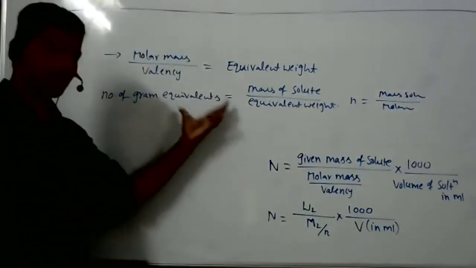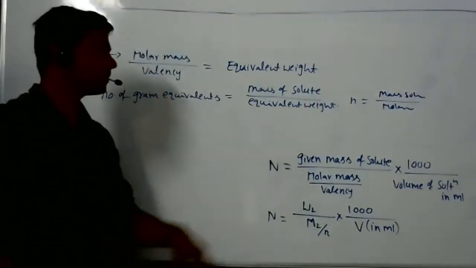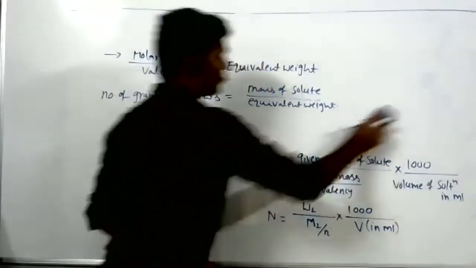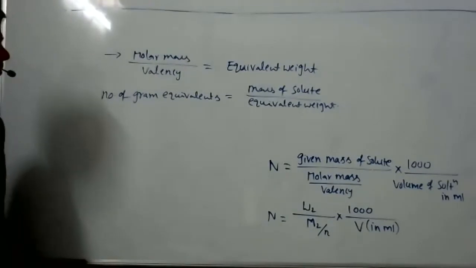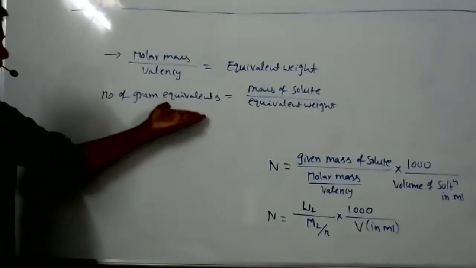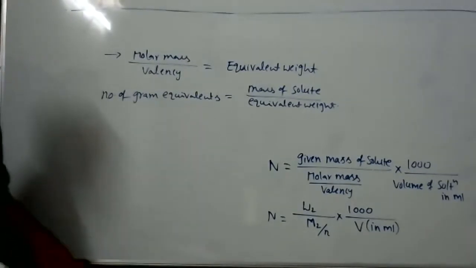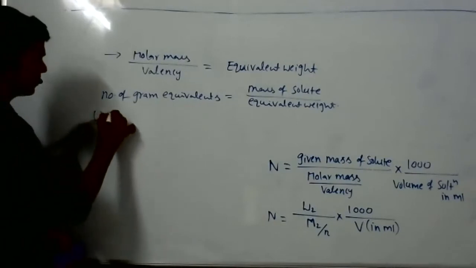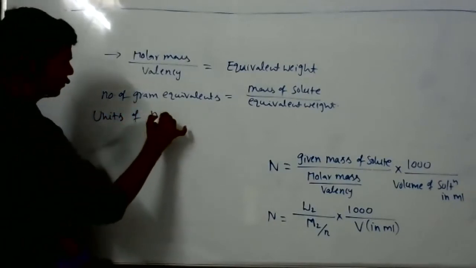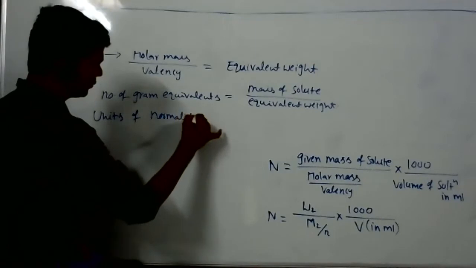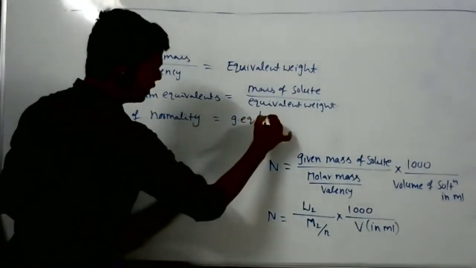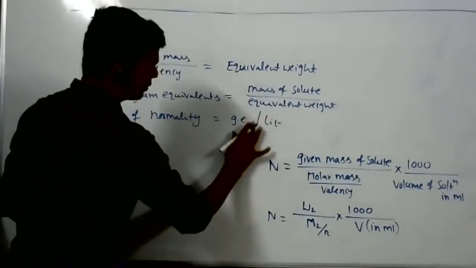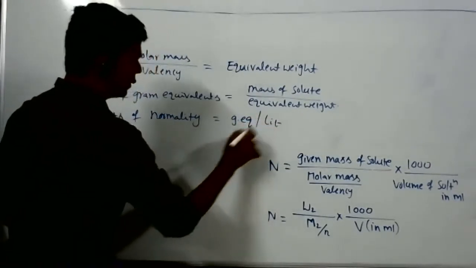The number of gram equivalents of solute present in 1 liter of solution we call normality. So note this formula up to here. The units of normality are gram equivalents per liter.